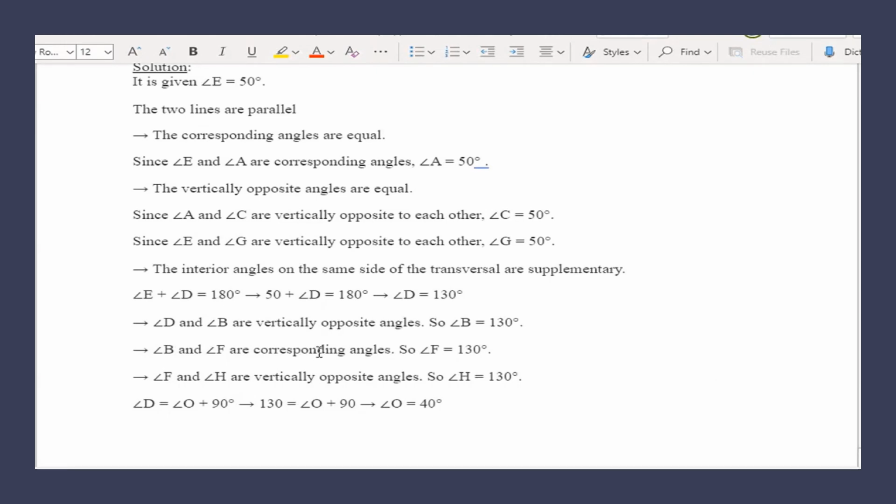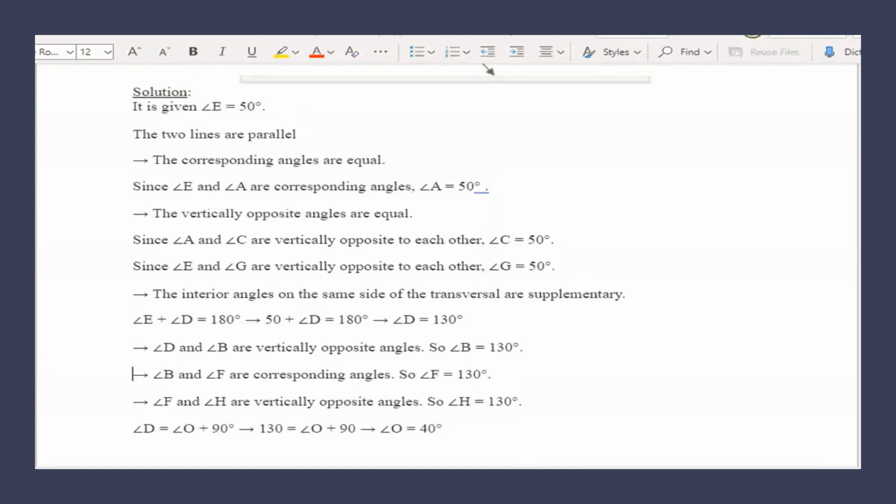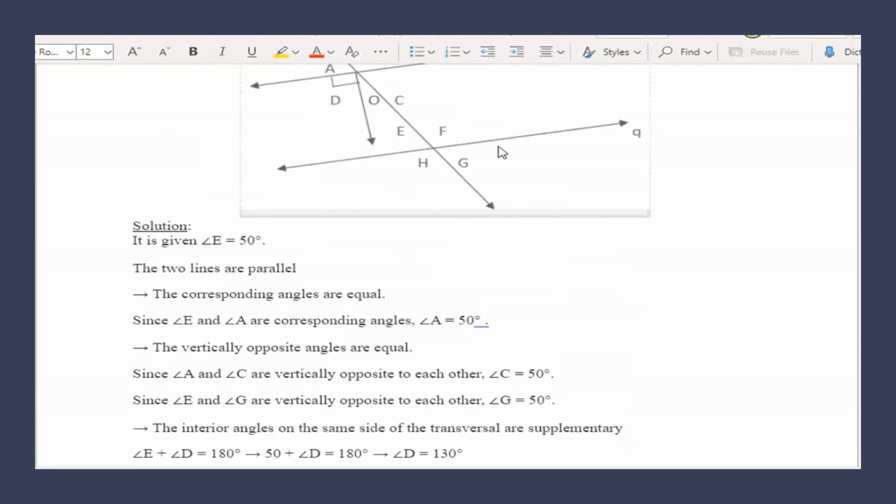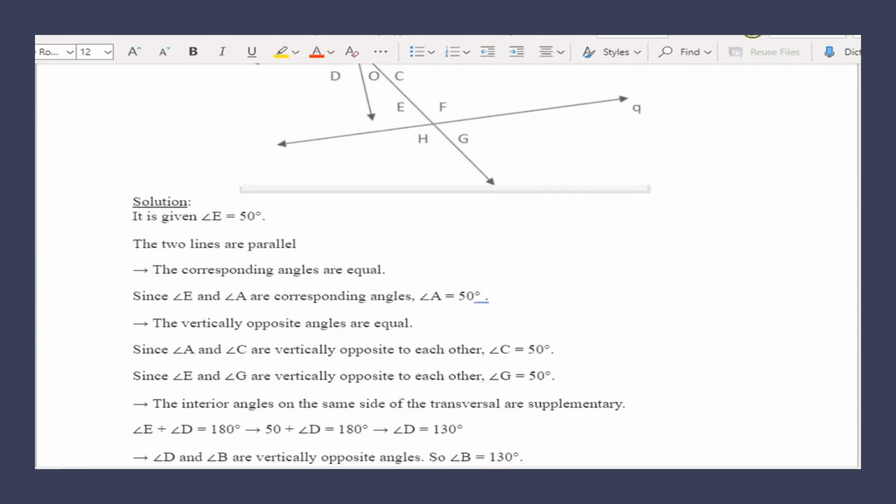So angle B and angle F are corresponding, and angle F and angle H are vertically opposite. So hence they are 130. So since F is 130, then H is also 130 because they're vertically opposite.